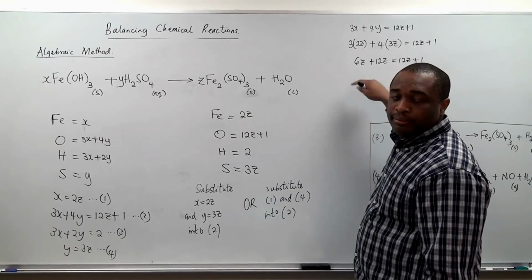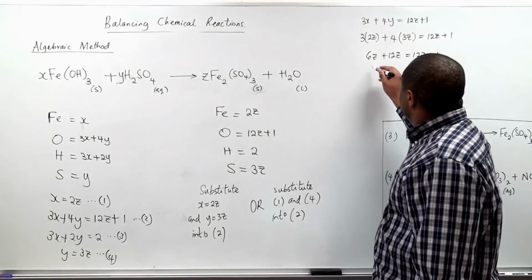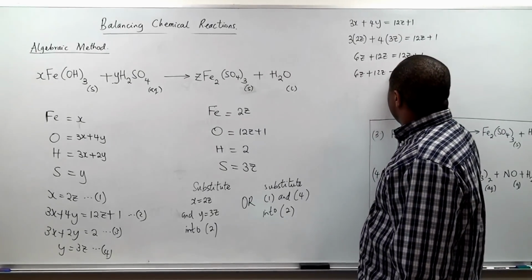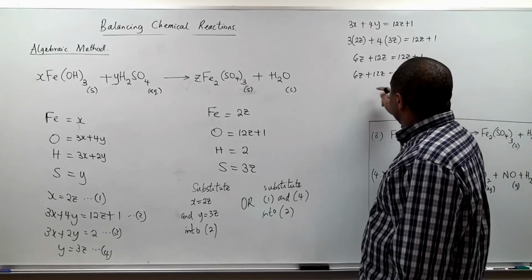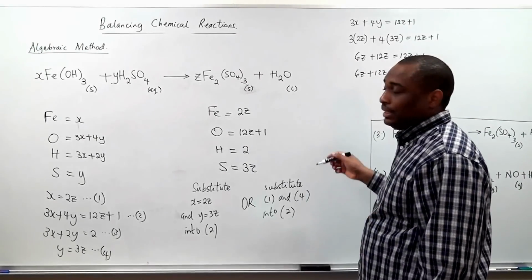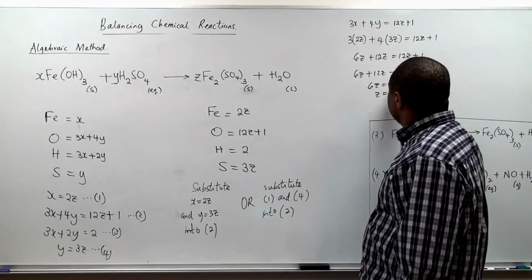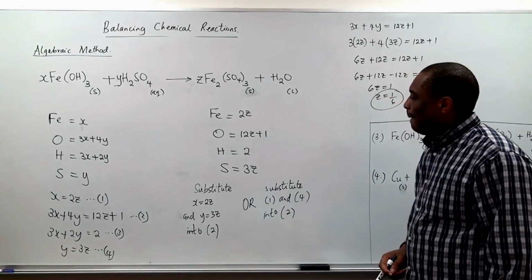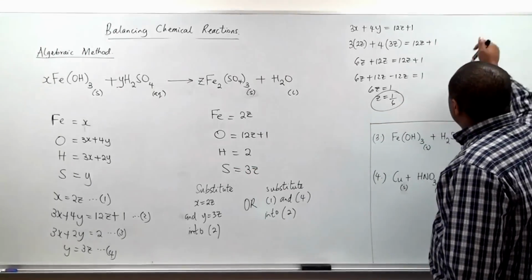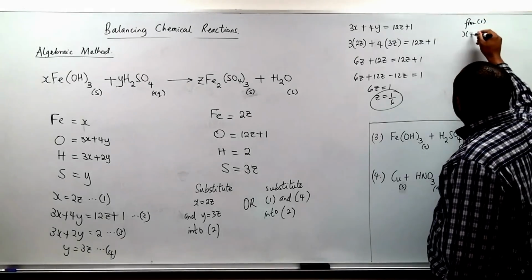Remember how we do linear equations. It's important. So this is 6z plus 12z minus 12z equal to 1. Of course, 6 plus 12 is 18, minus 12 is 6. So 6z is equal to 1, and our z will be 1 over 6. So we've got our z. And when we got our z, then we can now use from equation 1, x is 2z.